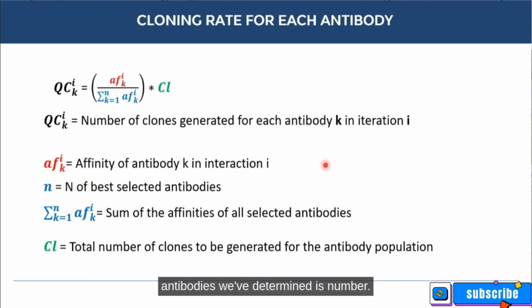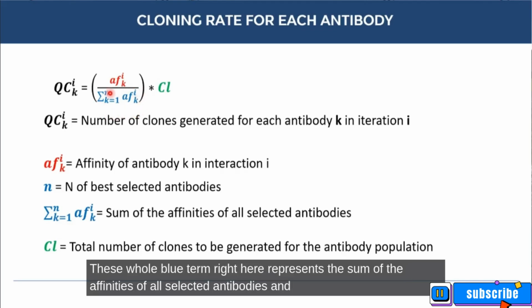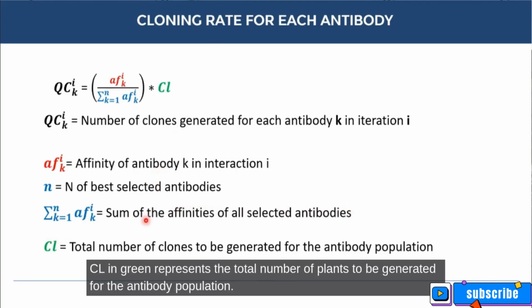We will determine this number. However, this is usually a small number, like 3 or 5. And here, this whole blue term right here represents the sum of the affinities of all selected antibodies. And CL in green represents the total number of clones to be generated for the antibody population.